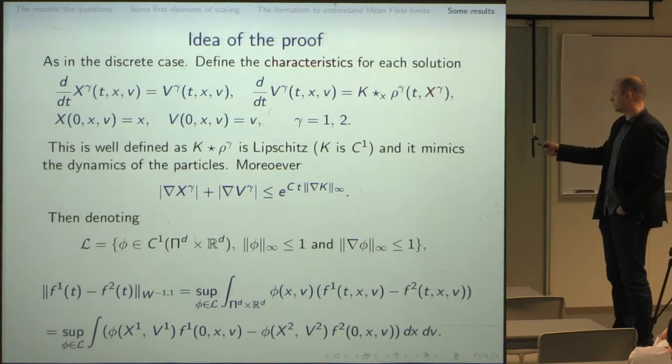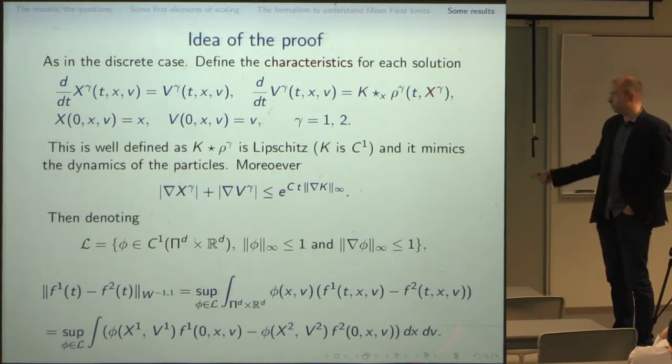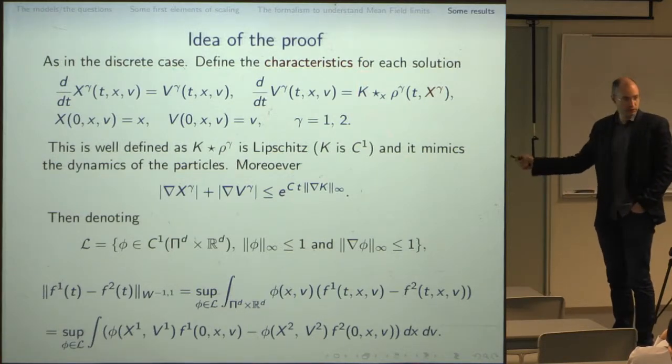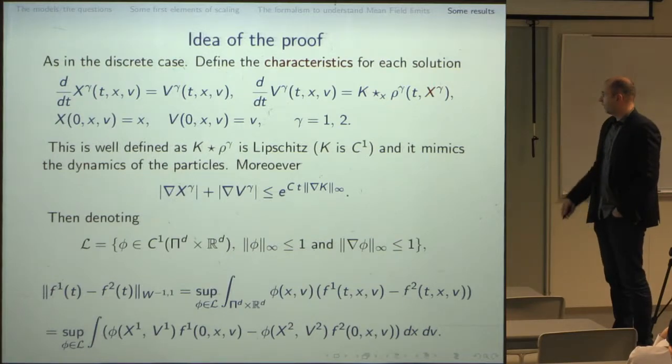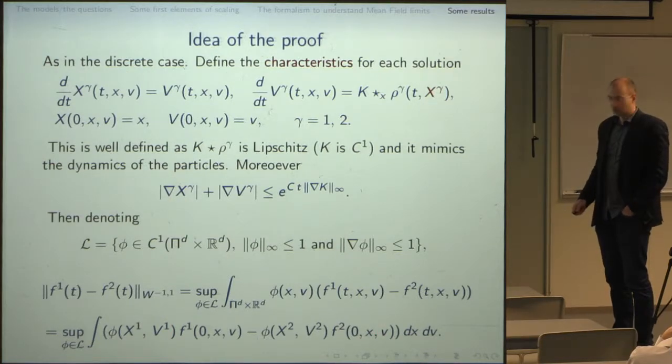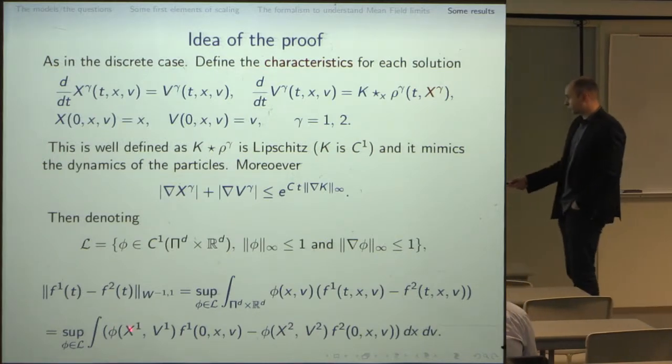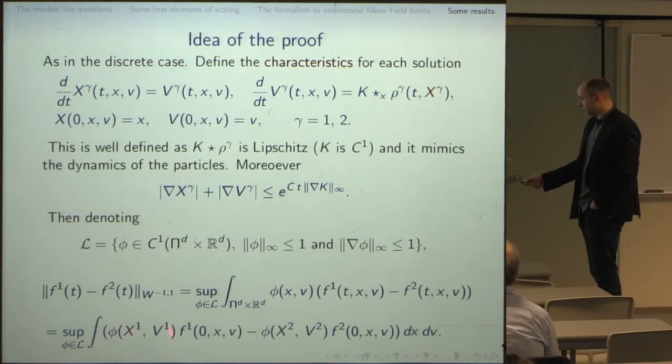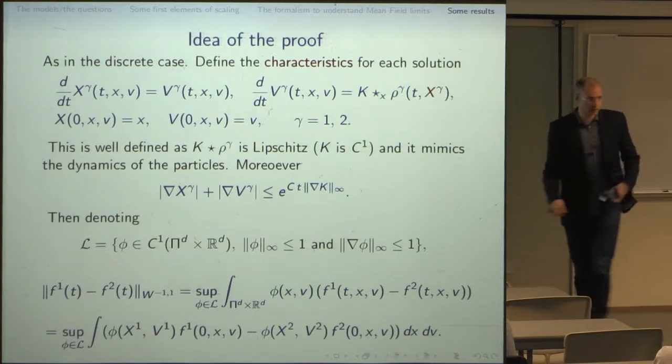And this is well defined because this guy is Lipschitz, and you have tons of very nice regularity assumptions on that. And now the key thing is this W minus one norm. You can rewrite it using the system of characteristics by something like that, where this is the initial condition.